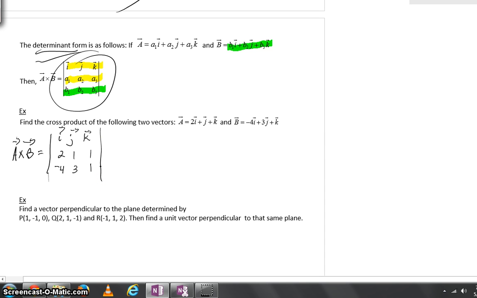Well, the way we work out a determinant is we recopy the first two columns, excuse me. Remember, columns are vertical. So I'm going to recopy i, 2, -4 and j, 1, and 3.